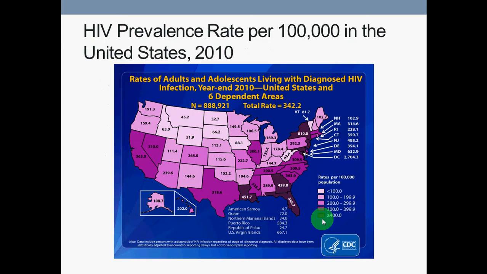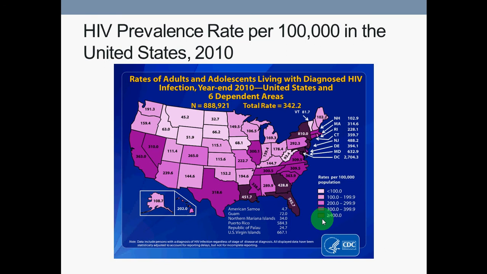This is showing you the prevalence rate of HIV over the United States. I've shown you this graph before previously in the epidemiology section. But again, this is prevalence. So this means that these are people that currently are living with HIV. These are not new diagnoses. These are new diagnoses and old ones, all people living with HIV, broken down by state.